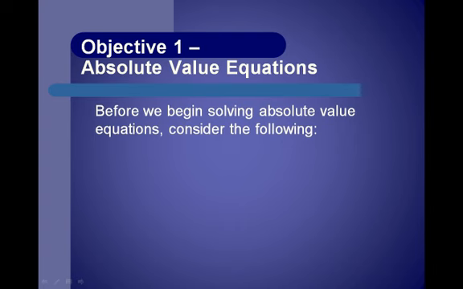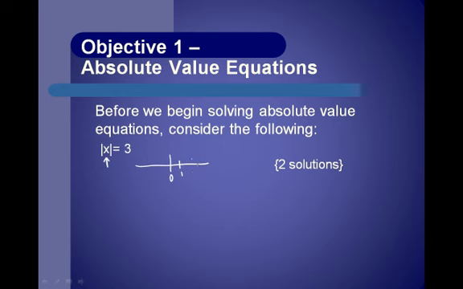Objective 1. The absolute value equations. Before we begin solving absolute value equations, consider the following. The absolute value of x is equal to 3. What that means is the absolute value of what number is 3, or in terms of a graph, what number is 3 units from 0?